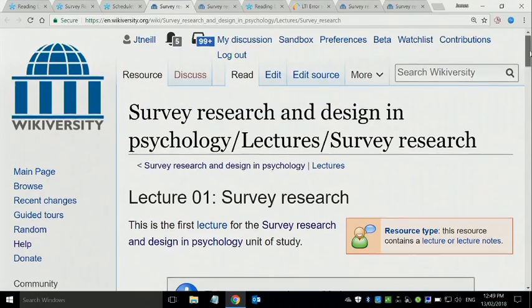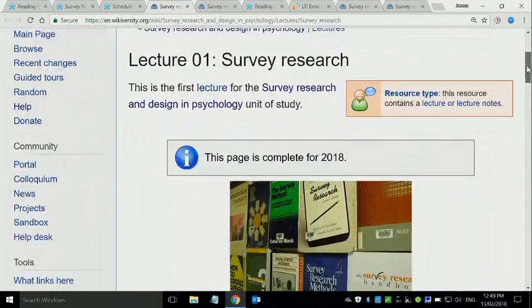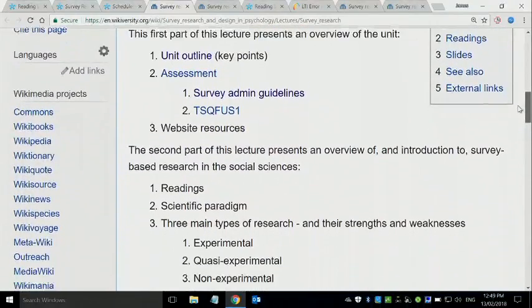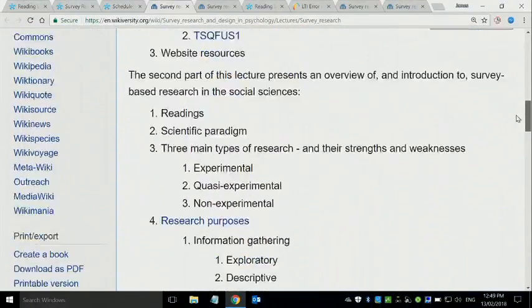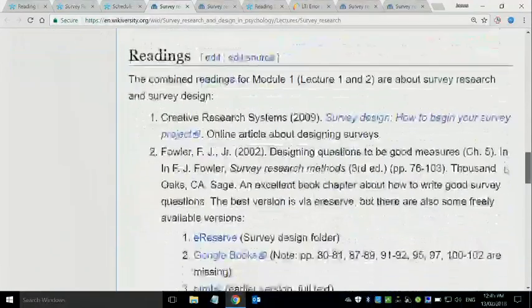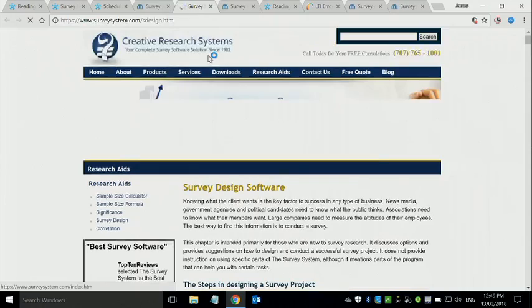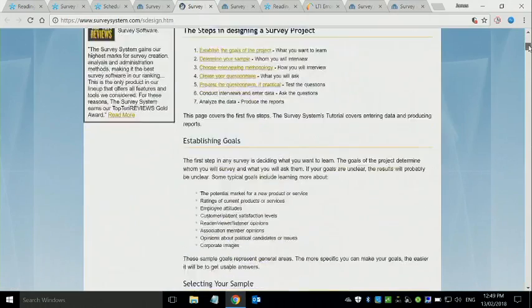There's one Wikiversity page per lecture. It should say roughly what we're going to cover, and it should have a list of readings. Some of the readings are just online. If we click on that link, it should just be a web page.